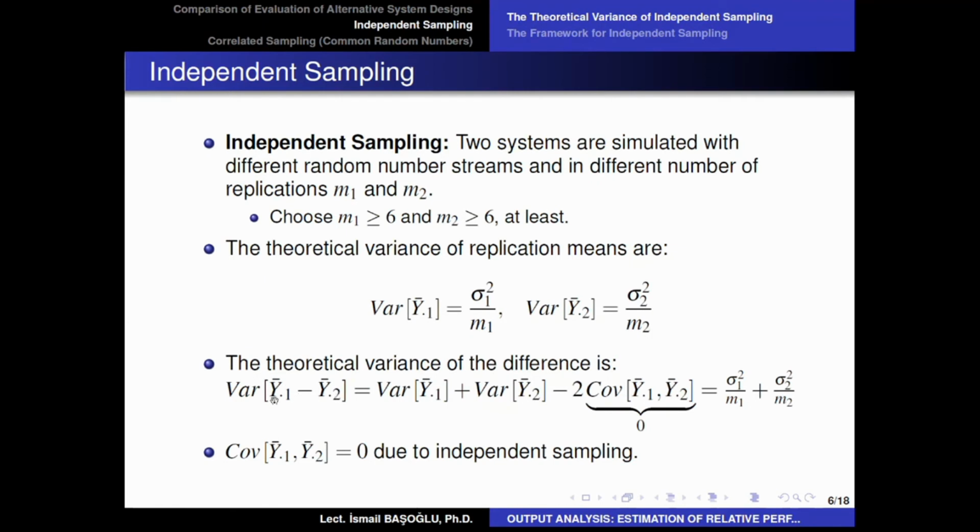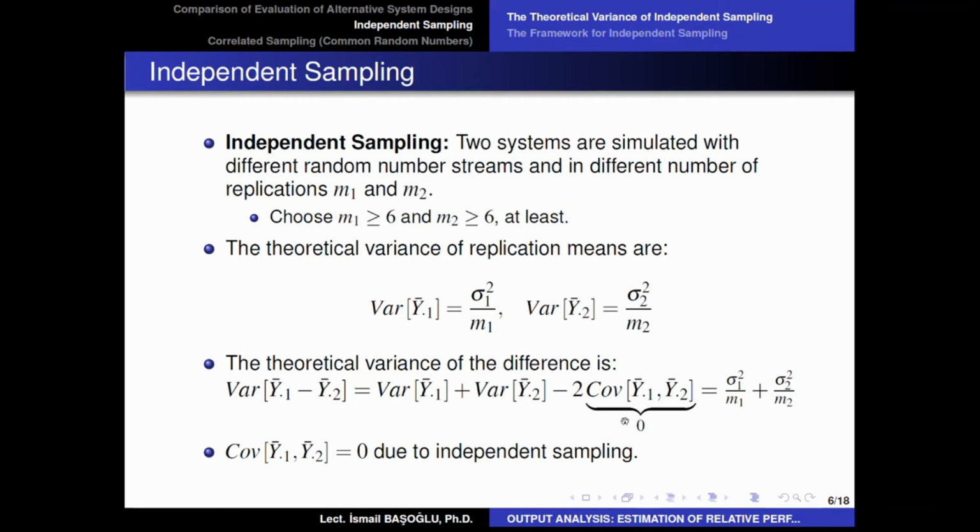If you remember probability theory, the variance of the difference between two random variables is equal to the variance of the first random variable plus the variance of the second random variable minus 2 times the covariance of these random variables.